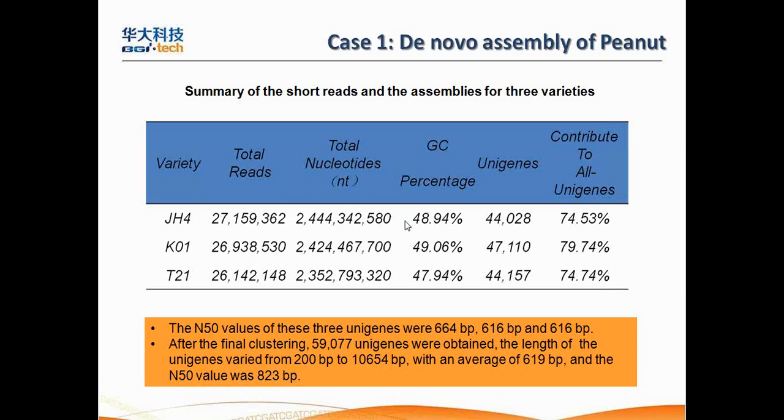This is how they calculated the statistics of the content, and this is the number for each variety. So using these 3 varieties together, they got about 59,000 unique genes. So this is their assembly result and what they got from this project.